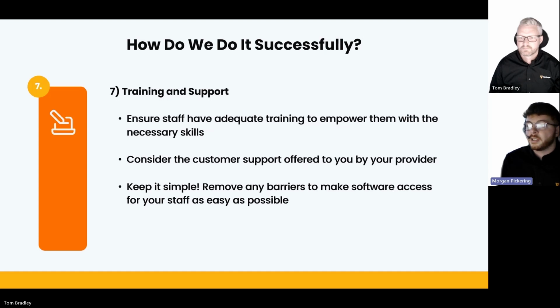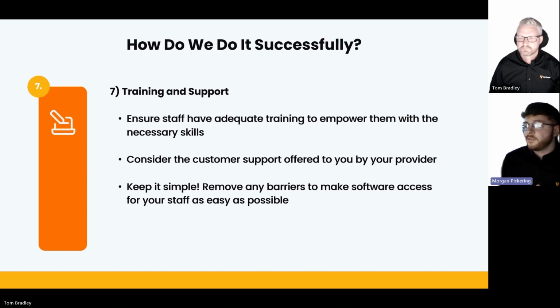Make sure that your provider gives you a good structured training plan. One of the things that we typically recommend at Vantage is try and adopt the train the trainer approach. Have some champions in your organization that really understand the product, so that during the day-to-day, the rest of your staff have someone internal that they can go to that can provide them with assistance.